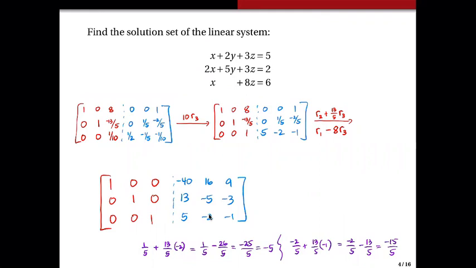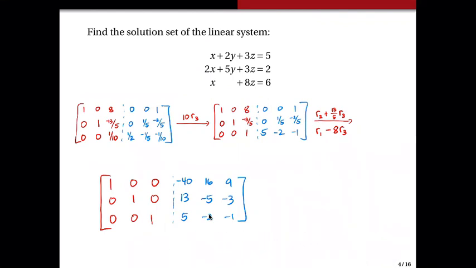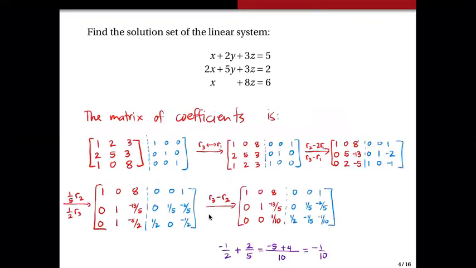integer entries. Okay, but this also means that the matrix of coefficients is invertible. So if this matrix here, if we label this as our matrix A, so the matrix of coefficients A is this guy here, then we have A inverse.